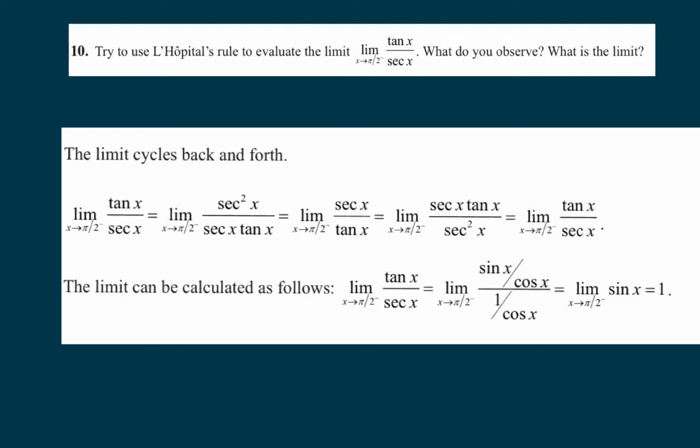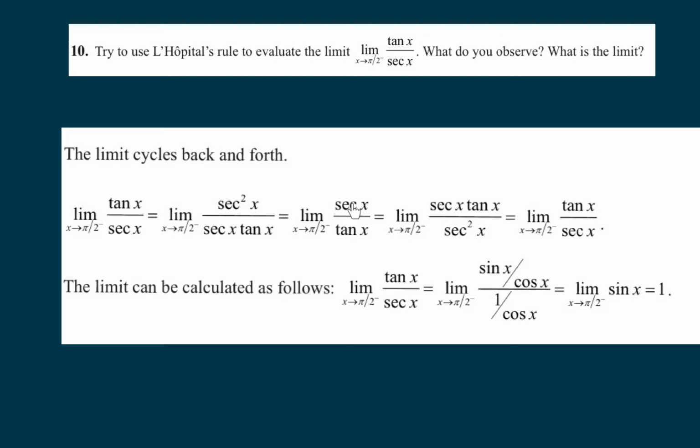So this is of the form infinity divided by infinity. So you may say, okay, let's apply L'Hopital's rule. The derivative of the numerator, tangent of x, is secant squared of x. The derivative of secant of x is secant times tangent. So I will do this limit that looks simple. But as you see, this secant will cancel with this secant and will appear secant x divided by tangent x, that is the reciprocal of this function.